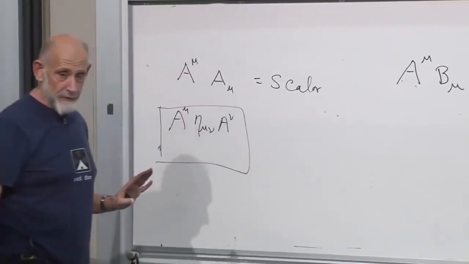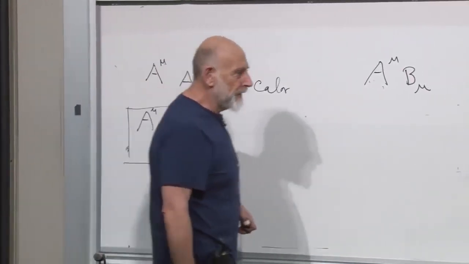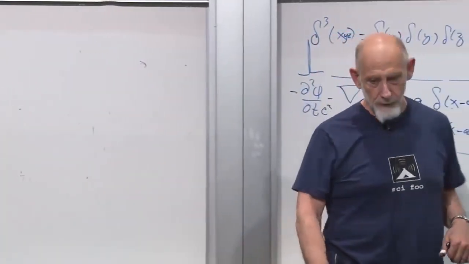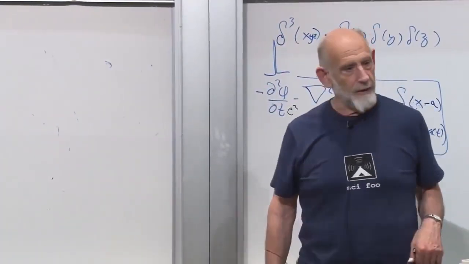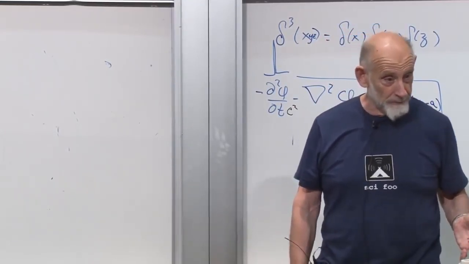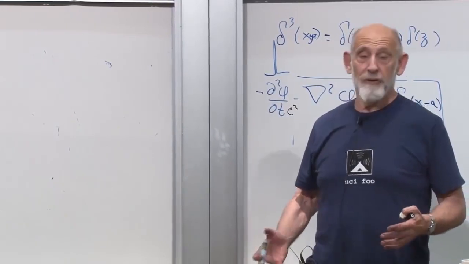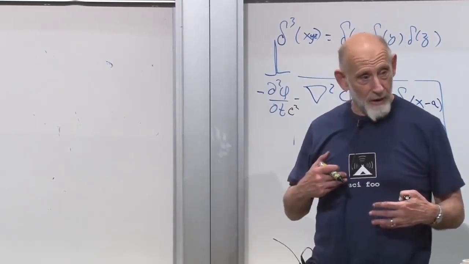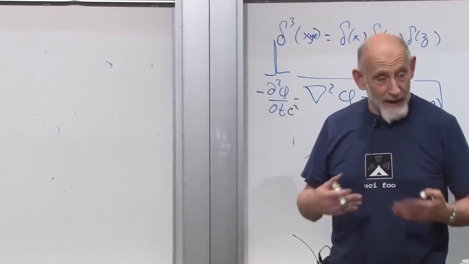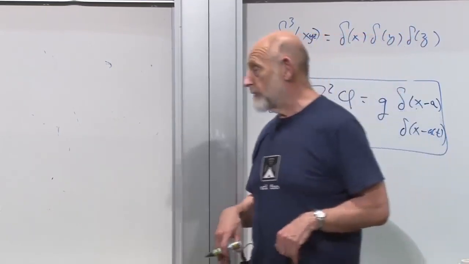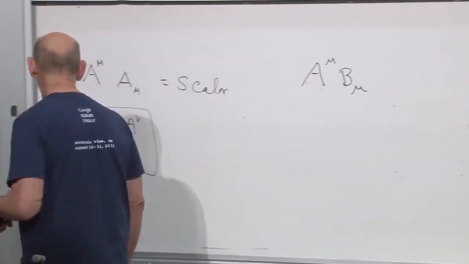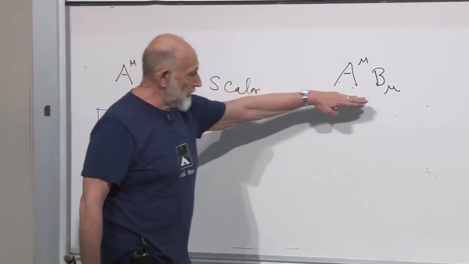But let's prove it. To prove that it's a scalar, all we really need is the statement that the sum of two scalars and the difference of two scalars is also a scalar. If you have two things that you and I agree upon even though we're in different frames, we can add them and subtract them, and we'll still agree about the values of the sum and difference. So sums and differences of scalars are scalars. Let's prove that this is a scalar.